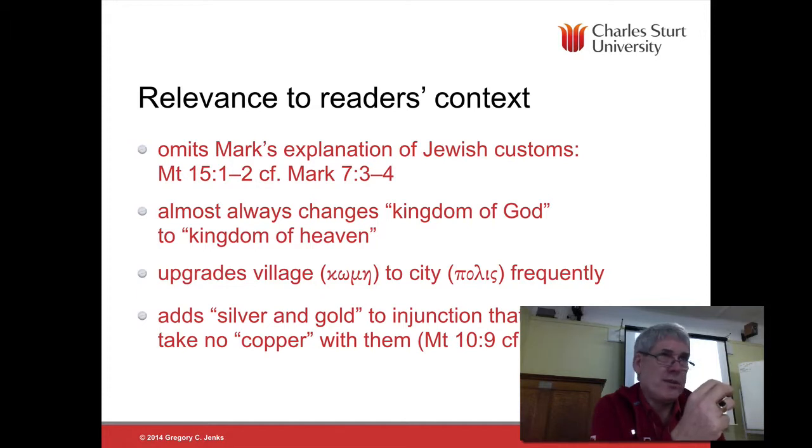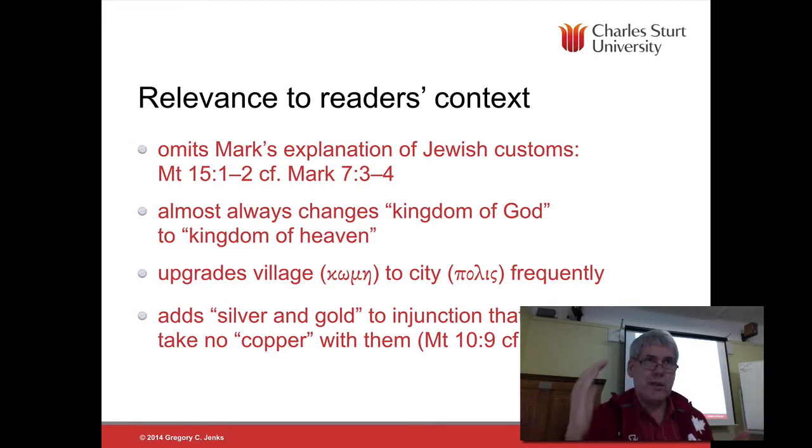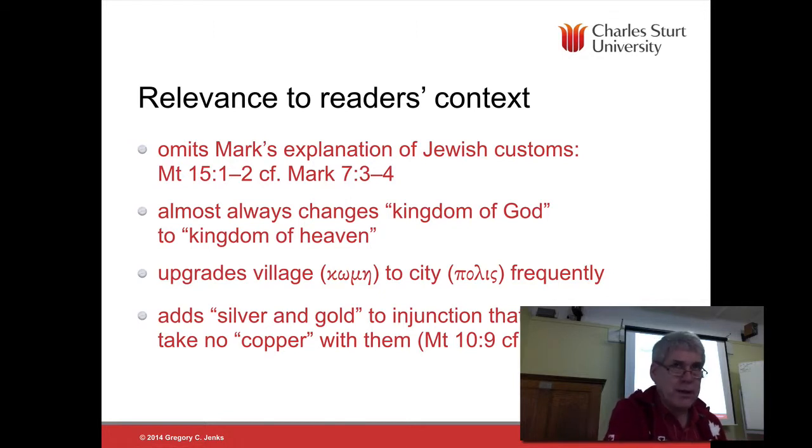So for the conversation to drift into the arena of talking about silver and gold coins, again, you've moved from a fairly non-monetized rural agricultural context into a more urban mercantile context, where silver and gold were just part of the conversation.